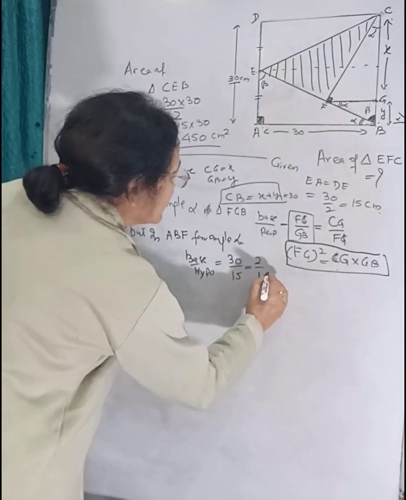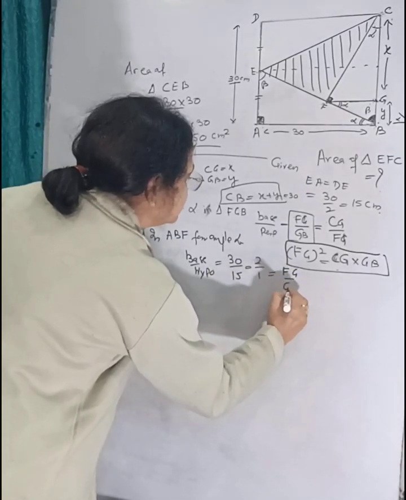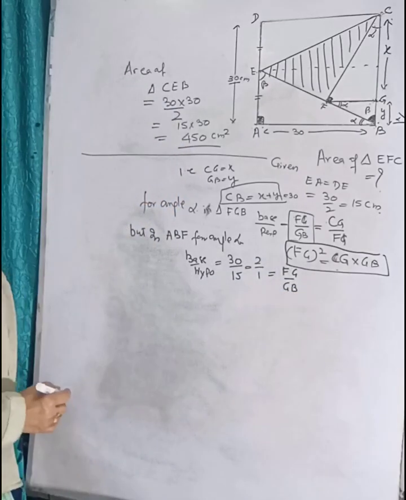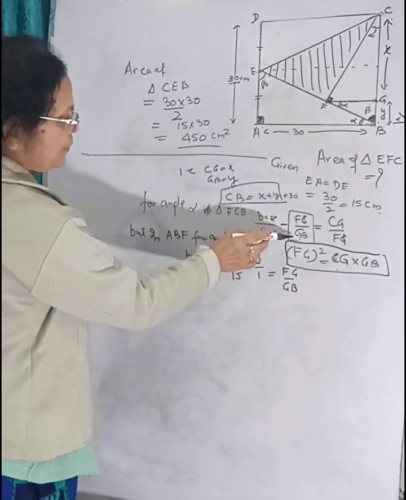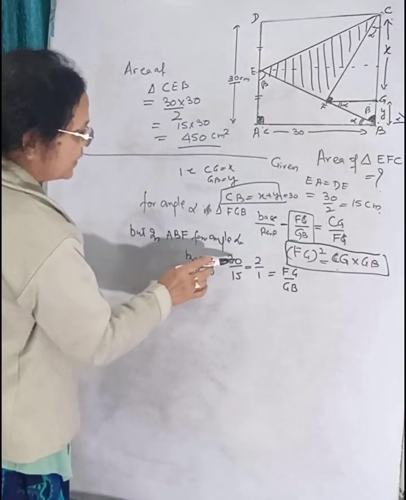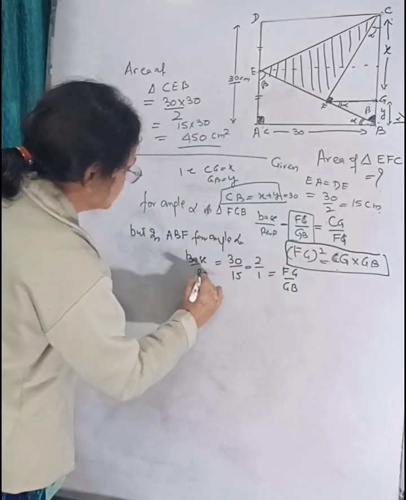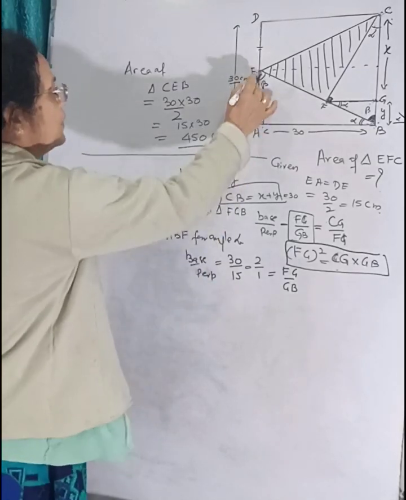This will also be equal to FG upon GB. Base upon perpendicular for angle alpha. Base upon perpendicular, not hypotenuse, perpendicular.